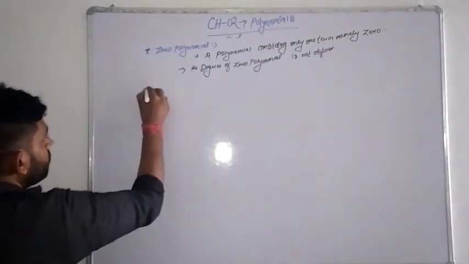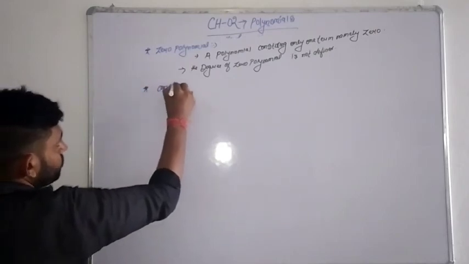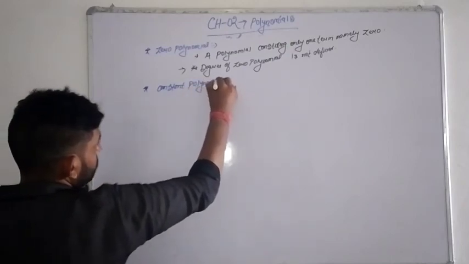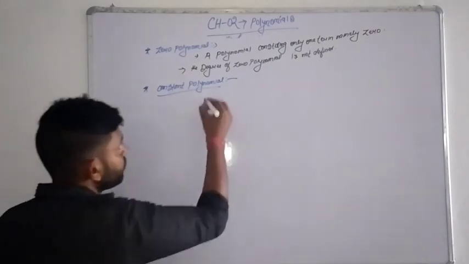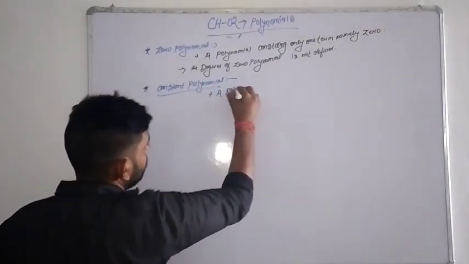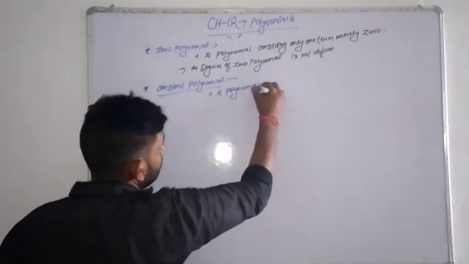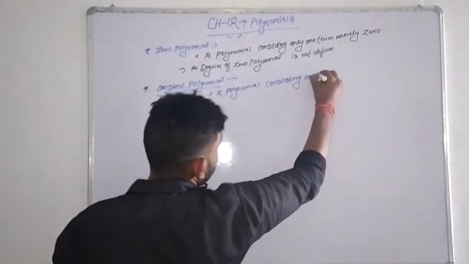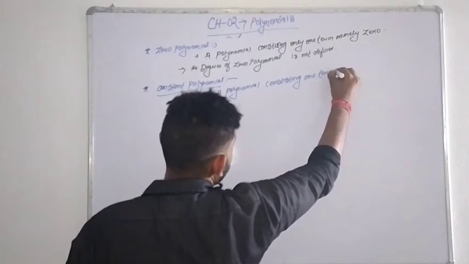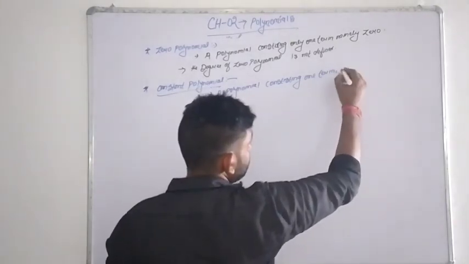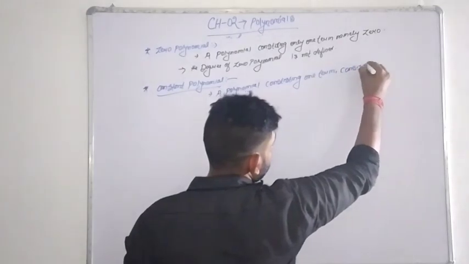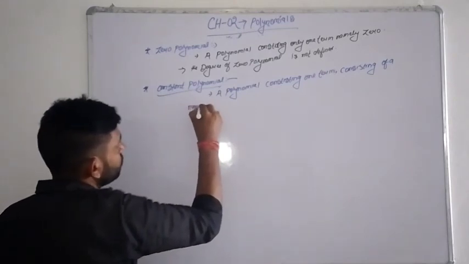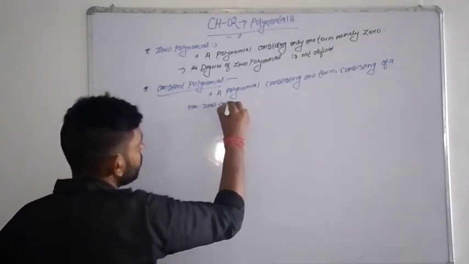And constant polynomial: a polynomial containing one term consisting of a non-zero constant.